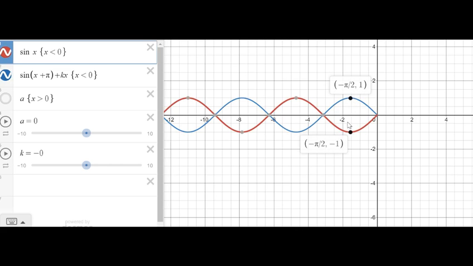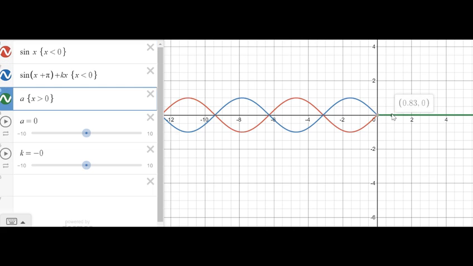So will both of these interfere constructively or destructively? They will interfere destructively, so you get this green wave. That means the amplitude is 0. Can you see? At whatever point, the magnitude is 0. So the two waves cancel each other, right?